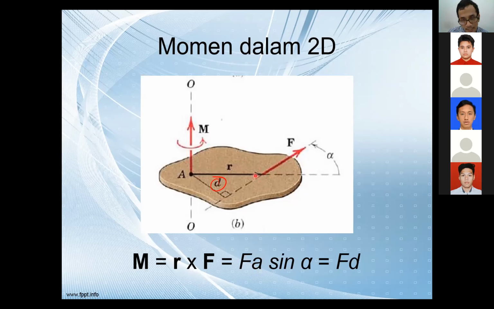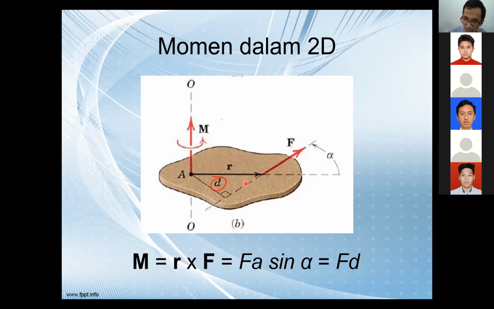Then after that, the angle between, this angle is alpha. If this angle is alpha, in order to get d here, we can use a multiplied by sin alpha.